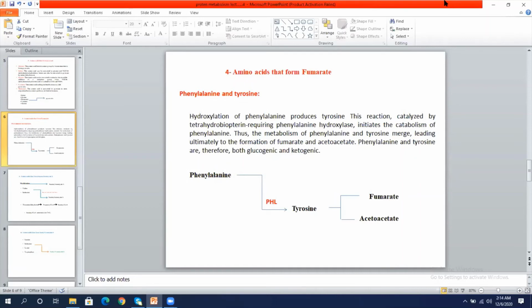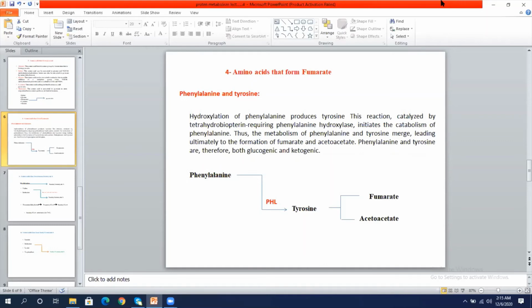Hydroxylation of phenylalanine produces tyrosine. This reaction is catalyzed by the tetrahydrobiopterin-requiring phenylalanine hydroxylase, and initiates the catabolism of phenylalanine.